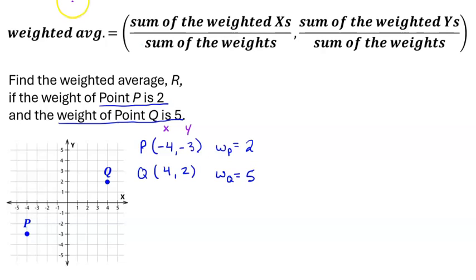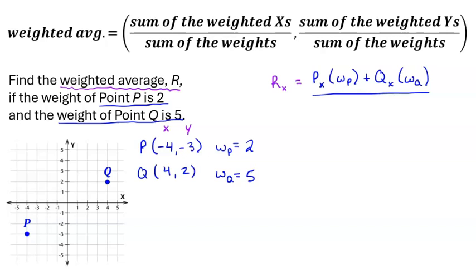So our weighted average is going to be R. So the x-coordinate of R, we're going to do the same thing as before. We're going to have the x-coordinate of P times the weight of P plus the x-coordinate of Q times the weight of Q. And then on the bottom, it's the same as normal.